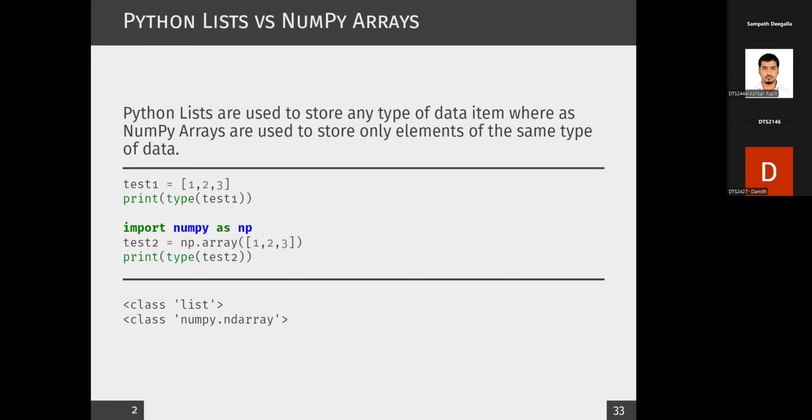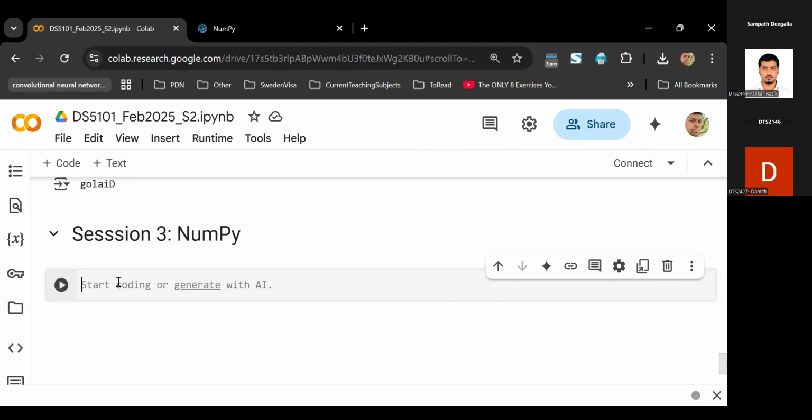Now, coming back to my notebook, let me define this. Let's start by saying import numpy as np. And the technique is, whenever you want to create an array, you use what we call the array method. You can get more information just by typing help(np.array).